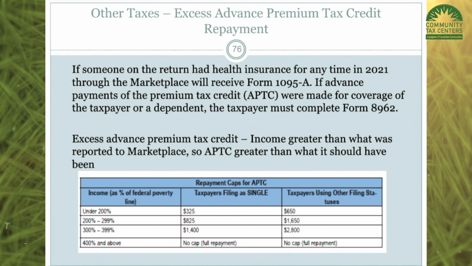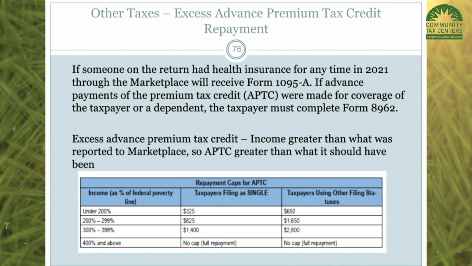So if someone on the return had health insurance any time during the year through the marketplace, they will receive a Form 1095-A. If the advance payments of the premium tax credit were made for coverage of the taxpayer or dependent, the taxpayer must complete the Form 8962.